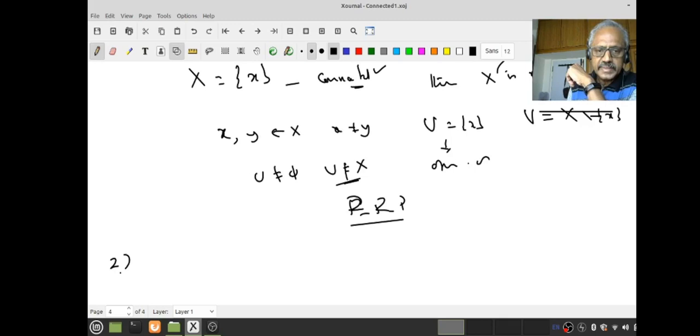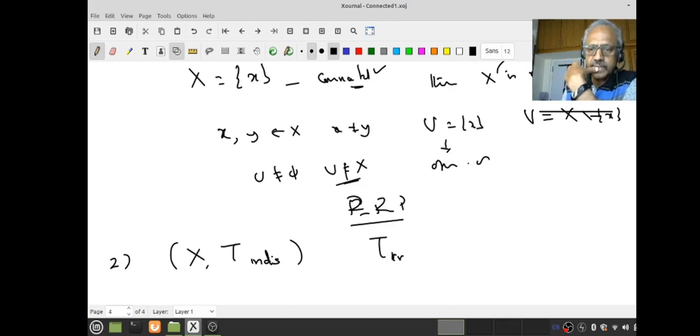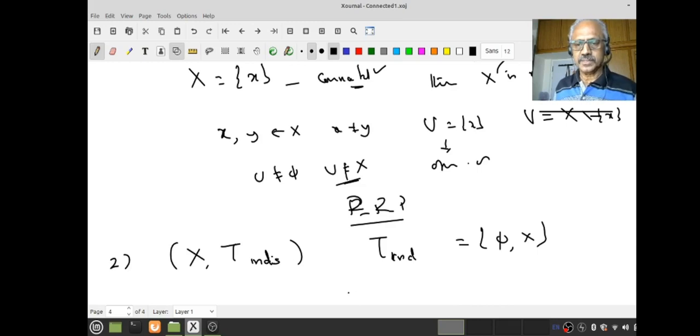The second example is X with the indiscrete topology, naturally. Now in the indiscrete topology, the only open sets are the empty set and X. Therefore the only closed sets are also the empty set and X, and therefore by the very definition this is connected, right?